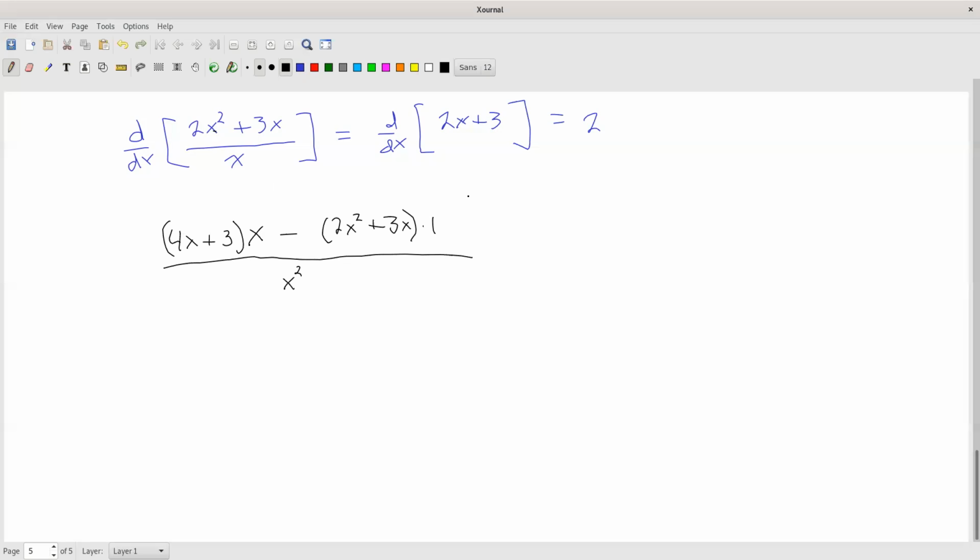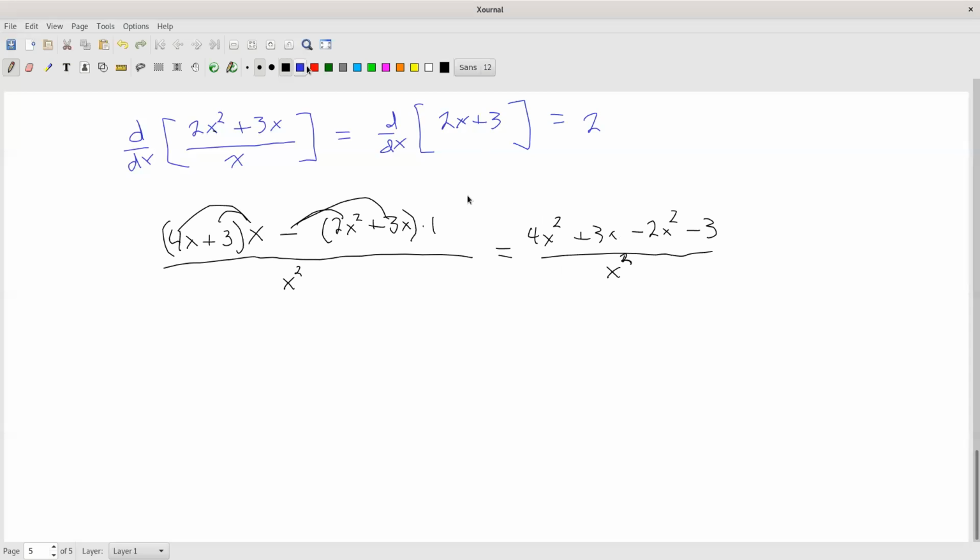And my claim is that this crazy mess here is going to simplify to 2, because I believe in the quotient rule. All right, so distribute. That's going to give me 4x squared plus 3x. And then here I have to distribute the minus. So that would be a minus 2x squared minus 3x. All of that is going to be divided by x squared.